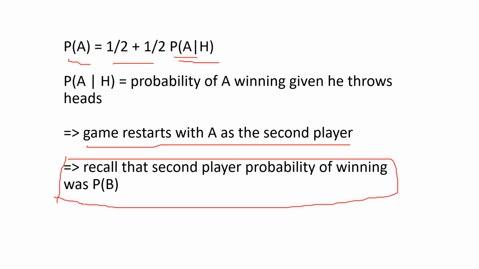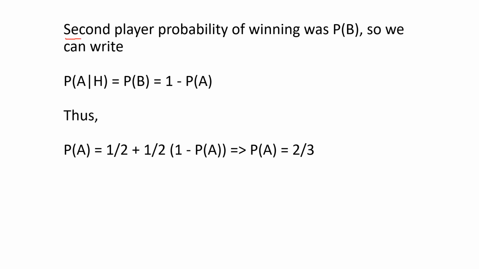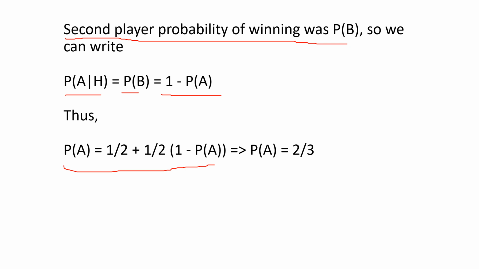So probability of A winning given that A tossed heads is equal to PB, which we can write as 1 minus PA. So finally our equation becomes PA equals 1 by 2 plus 1 by 2 times 1 minus PA, and this gives us the answer: probability of A winning is equal to 2 by 3.